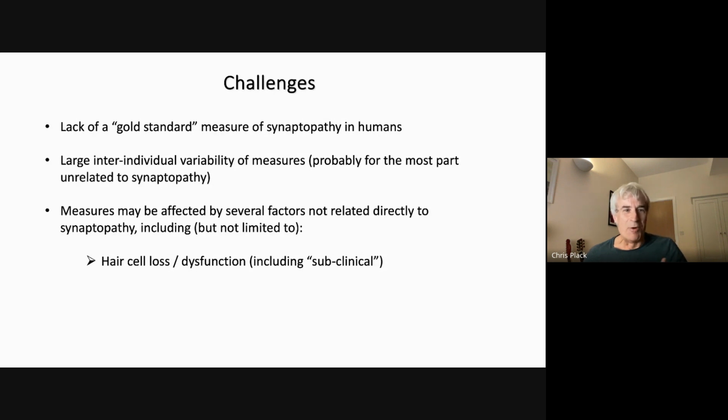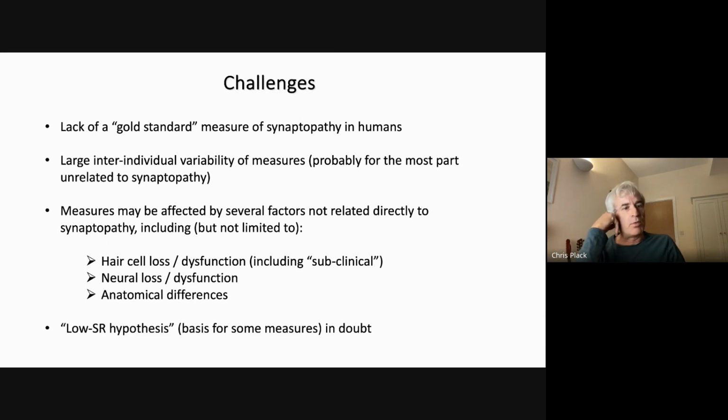So it doesn't really help to control for audiometric thresholds, because you could still get a loss of inner hair cells and outer hair cells that isn't picked up. You also have neural loss and dysfunction, aside from cochlear synaptopathy, perhaps in the periphery, but also in the central nervous system. And then you have anatomical differences that can have big effects on evoked potentials.